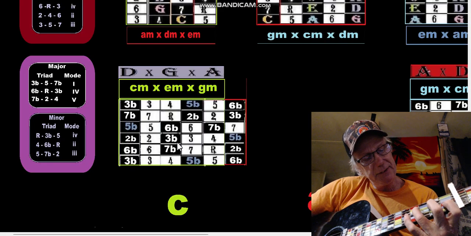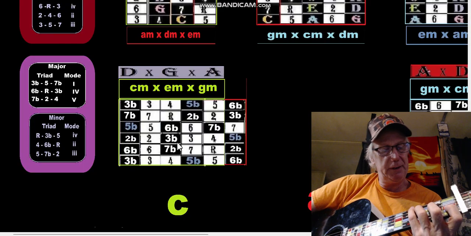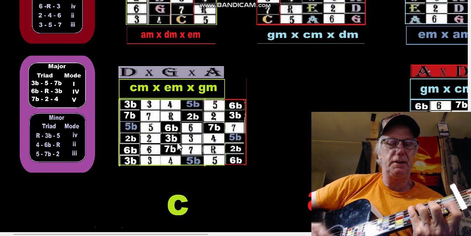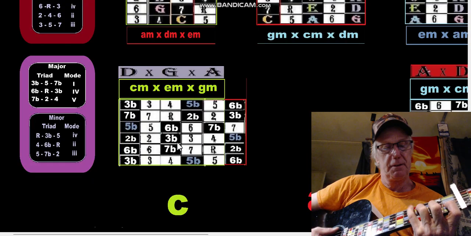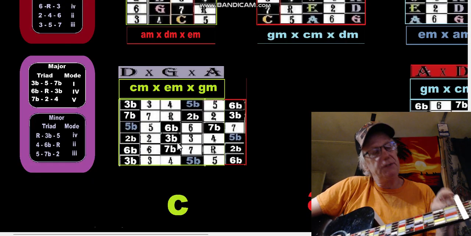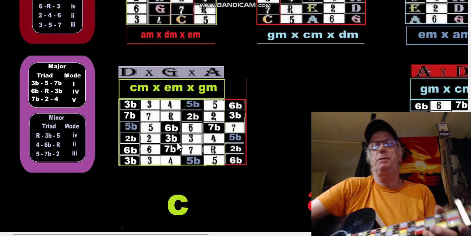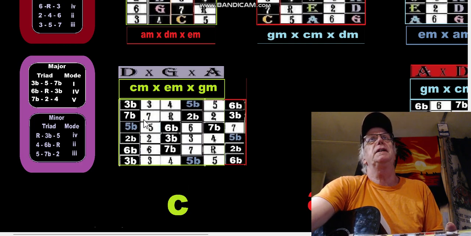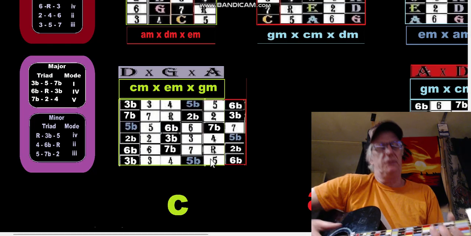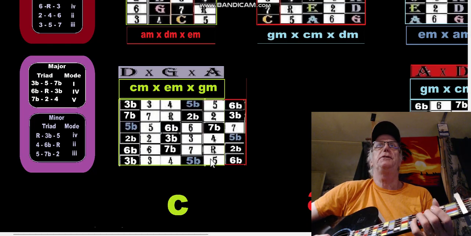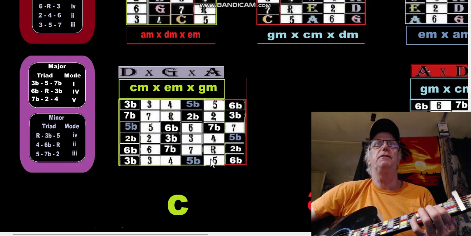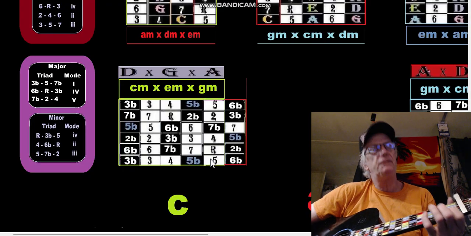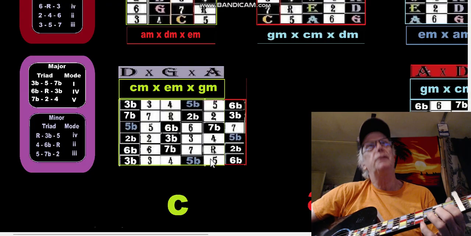Now I can't get that 5 right now unless I sneak my pinky over there. But I want this to sit on 3 flat because up here we're concerned with these open strings. So I'm considering this an enlarged cage. Okay, we've got 5. Let's do the arpeggio. 3 flat, then 5, root, then 5.